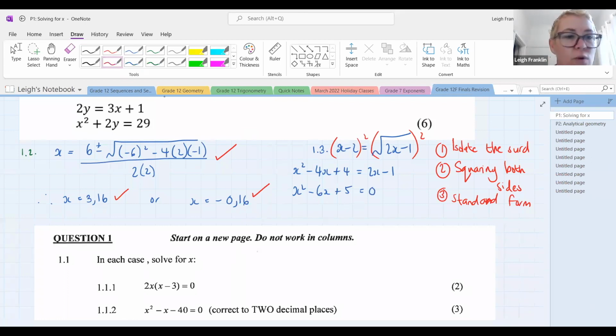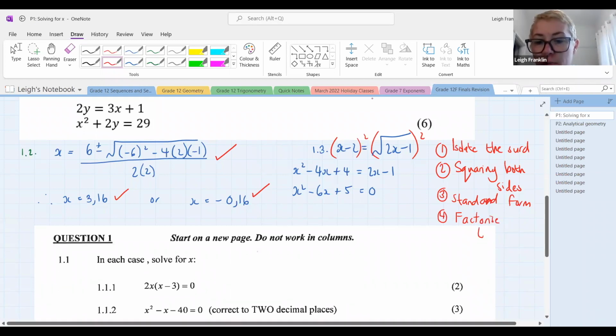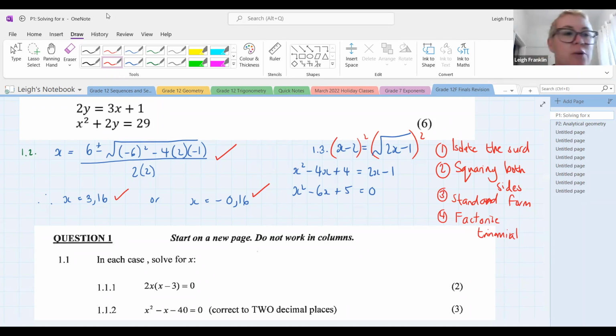After standard form, what's the next step in the process? We have to factorize. Quite right. Okay, so we've got to factorize our trinomial. So in this case, what would our factors be, Matrix? 1 and 5.